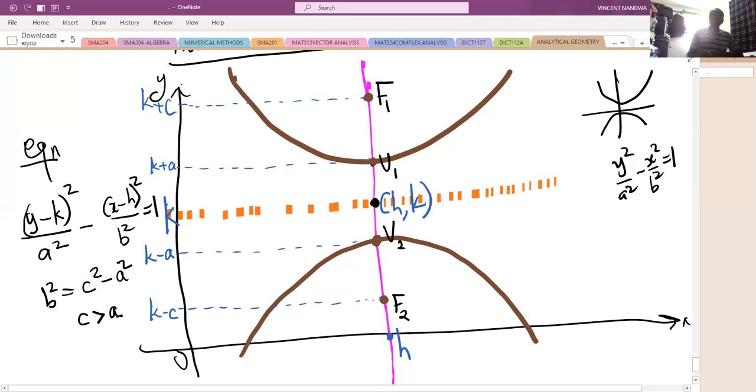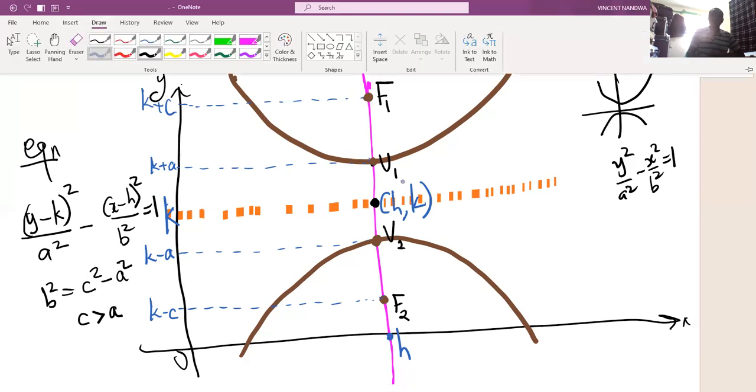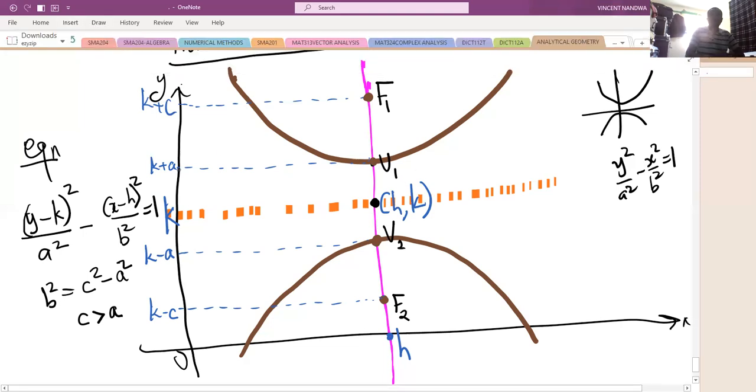And then the coordinates of the vertices: V1 will be given by, you see, k, the y value is k plus a, x value is h. So V1 will be h comma k plus a. And then V2 will be h comma k minus a.